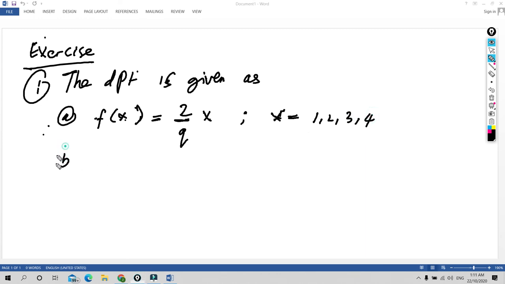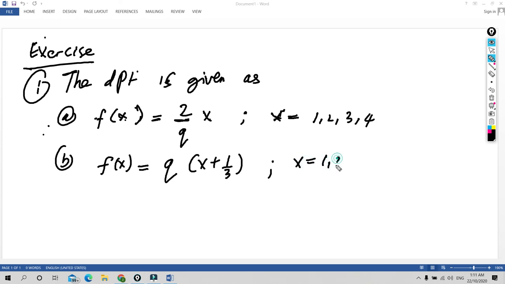And b, I have here f(x) equal to q times x plus 1 over 3, where x is equal to 1, 2, 3, and 4.